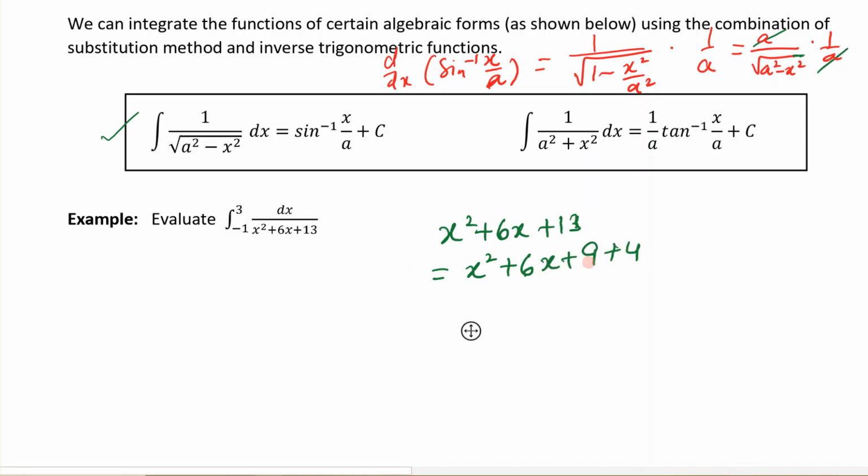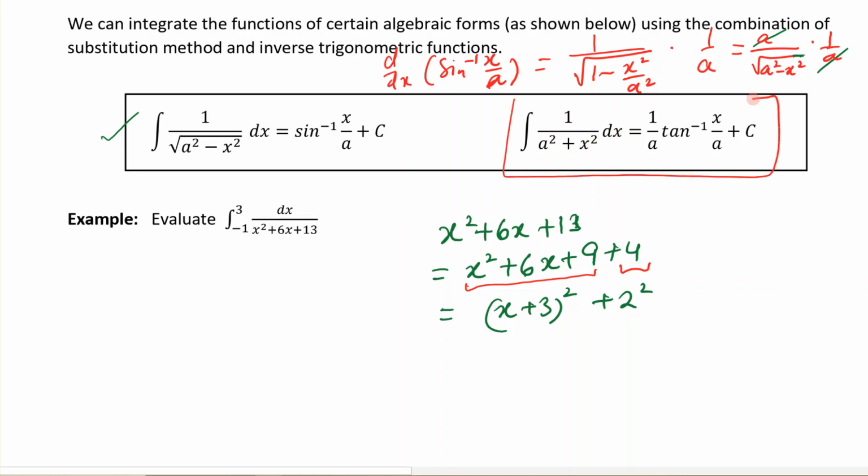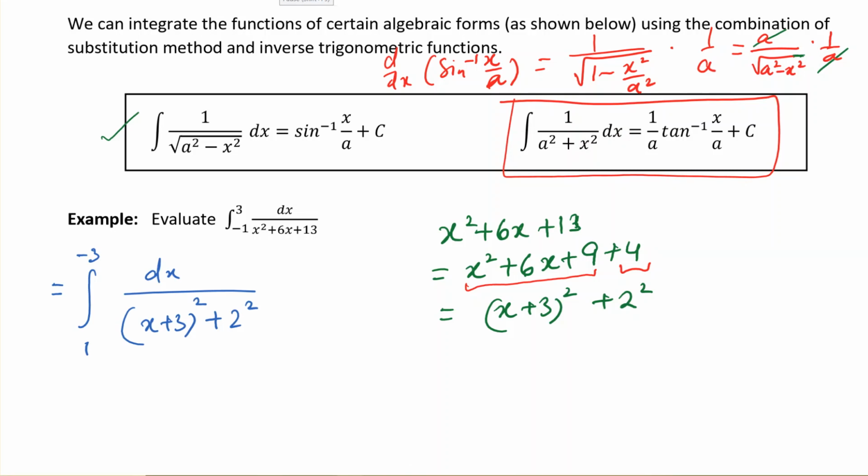So I chose 9 here so that I can make a perfect square, because I know that the first three terms will give me a perfect square, and then the last term is 2 squared. So now we have this form where we have a constant squared plus a variable squared, which fits with this form. So it means we can evaluate this integral.